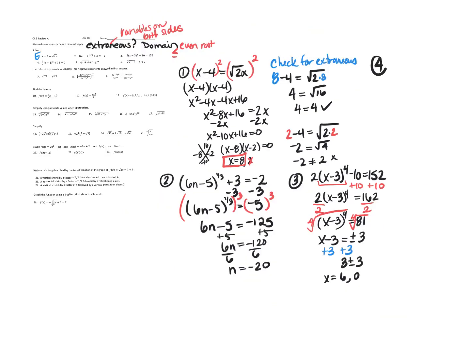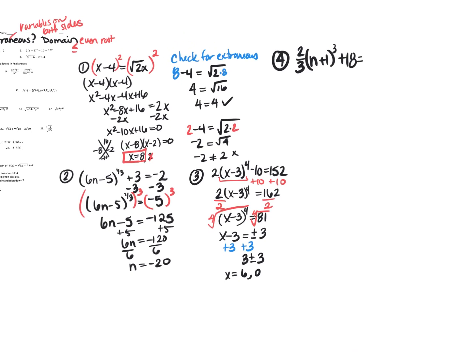All right, let's look at number 4. 2/3 times (n minus 1) cubed plus 18 equals 0. So again, I need to get my parentheses and my exponent by itself. So we're going to subtract 18. 2/3 times (n minus 1) cubed equals negative 18.